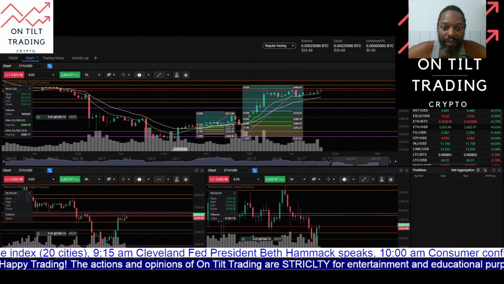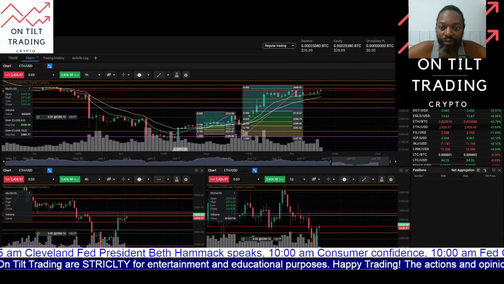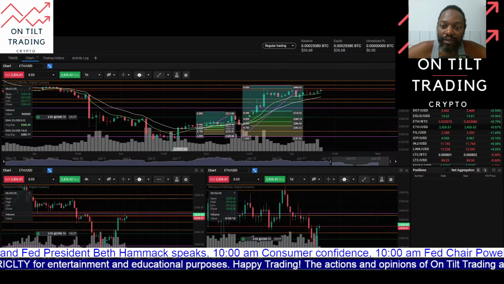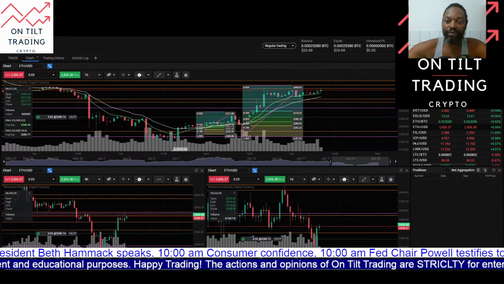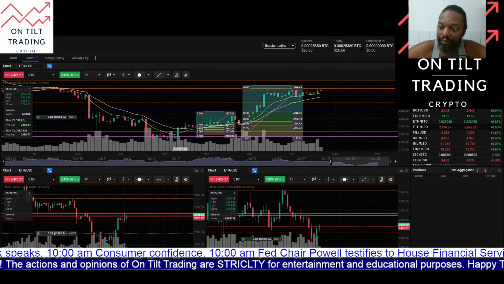And now identifying this as the order block, and currently waiting for a pullback to the 62% area in order to take a long position here in Ethereum.